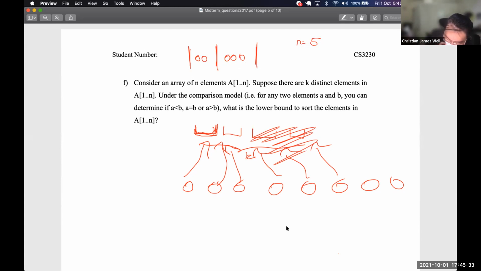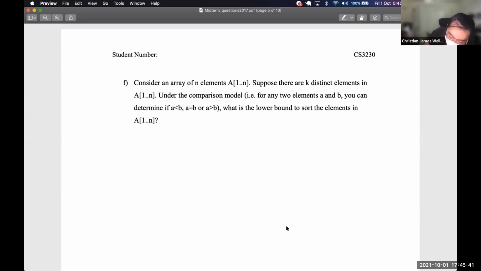Wait, give me a second. Oh, sorry. I think it's not 3. Sorry, if I have 2 buckets, you can imagine it as one partition here, then n equals 5.